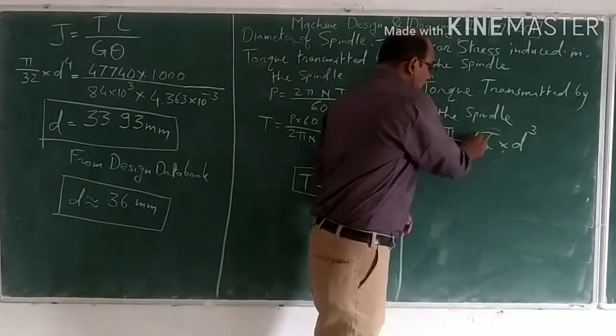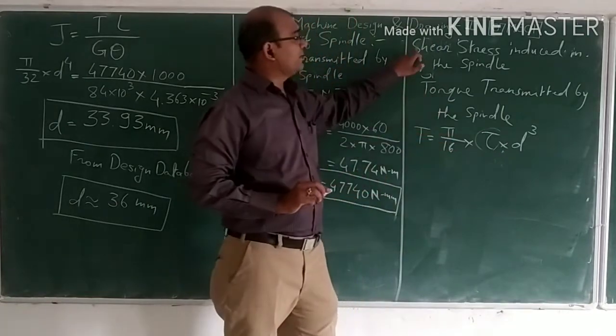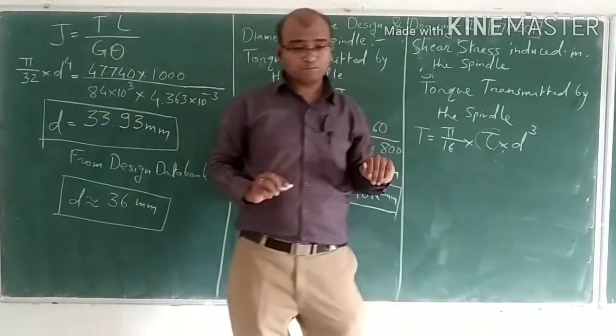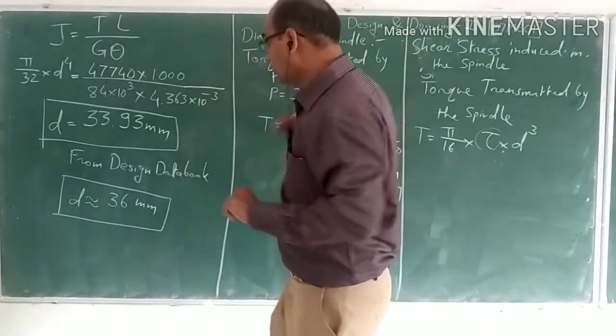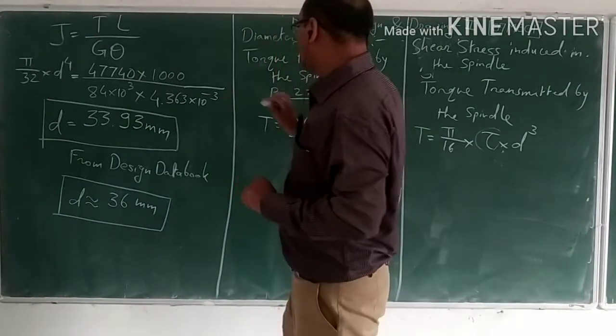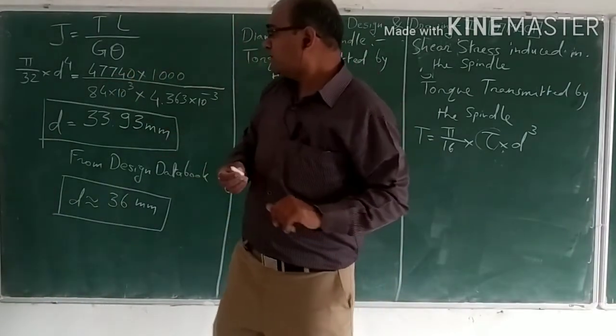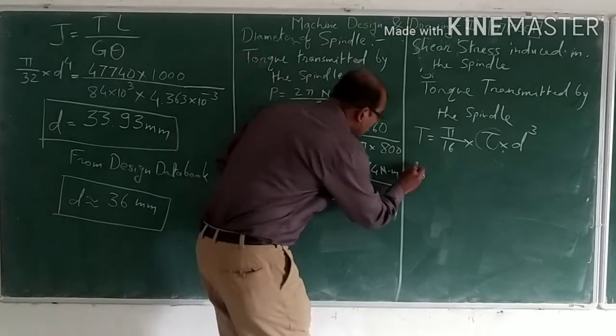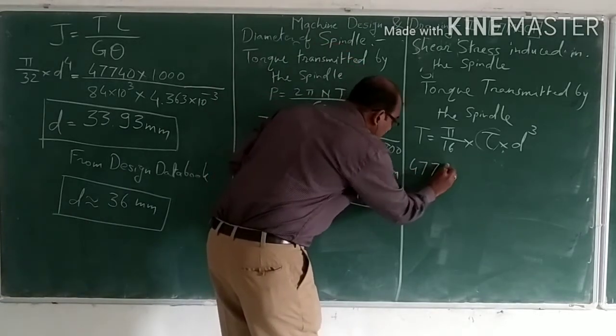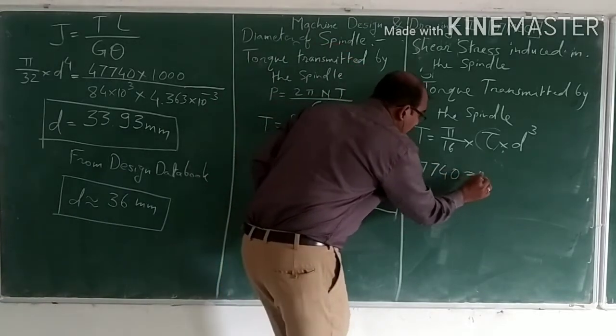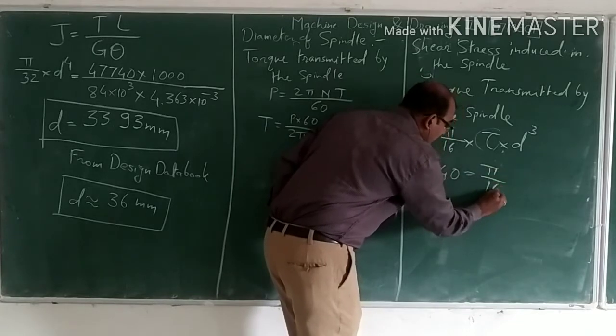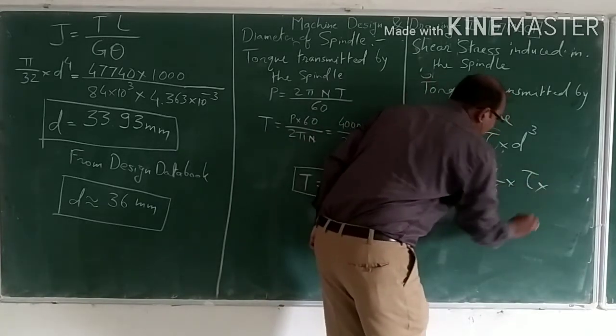The remaining one is tau, the shear stress. So T is 47,740 equal to pi by 16 into tau into d cube.